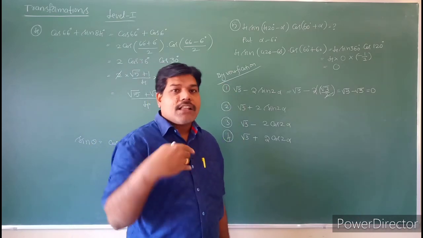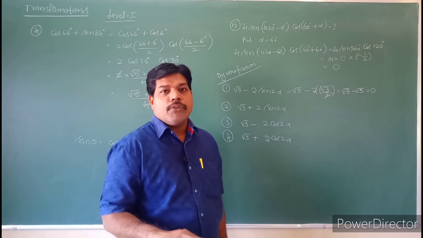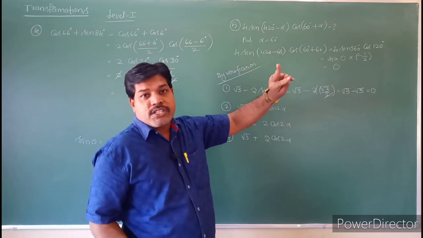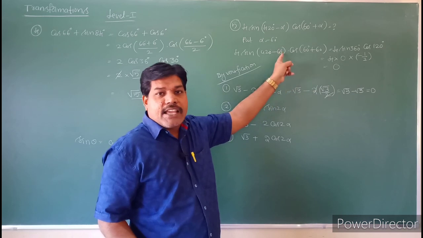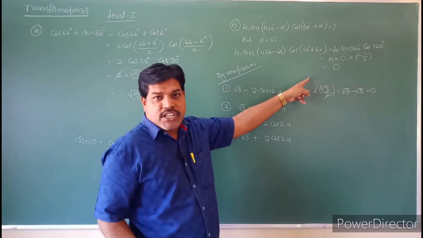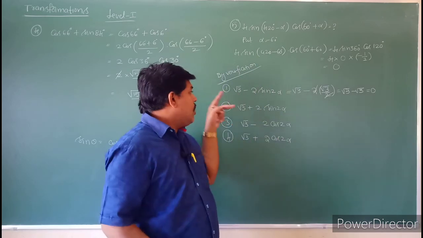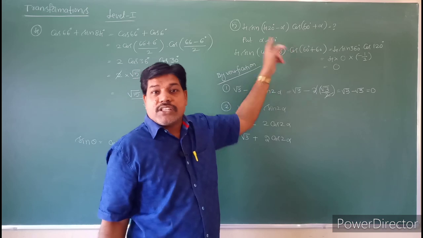Sometimes another option also will satisfy the given condition. In that time you have to change the angle. If 2 options satisfy that, that it will become 0, you have to change the angle and calculate that value once again, and you have to verify only those 2 options. For example, 1 and 2 you are getting 0 for alpha is equal to 60. Sir, what we have to do?